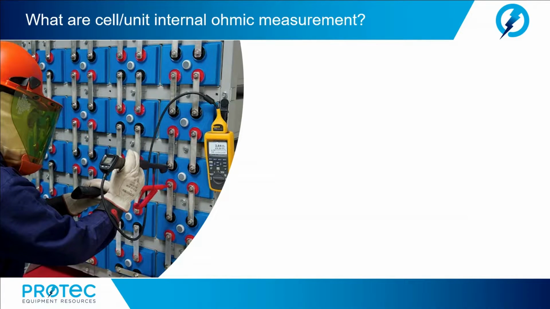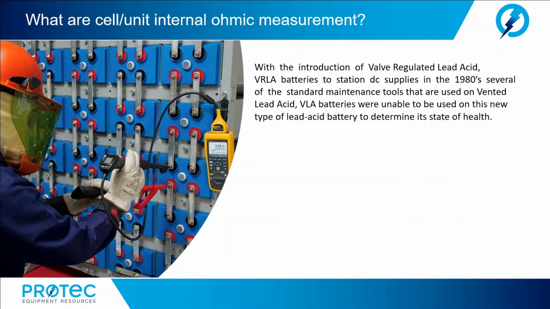Now, what are cell or unit internal ohmic measurements? Well, with the introduction of valve-regulated lead-acid or VRLA batteries to station DC supplies in the 1980s, several of the standard maintenance tools that are used on vented lead-acid or VLA batteries were unable to be used on this new type of lead-acid battery in order to determine its state of health.